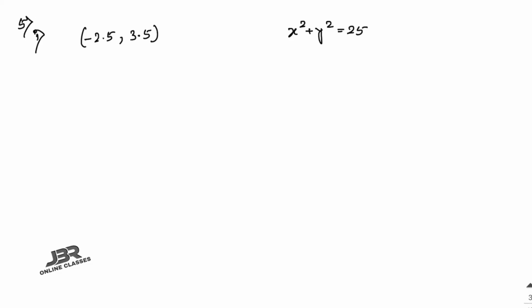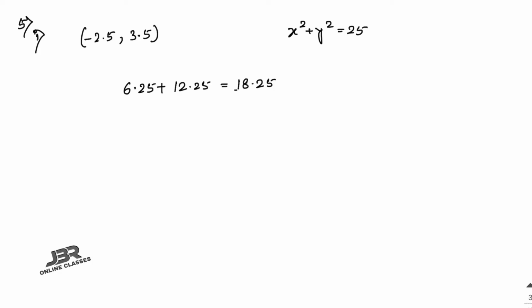So as the equation of the circle is x square plus y square equals 25, if x equals minus 2.5, then first you have to find the square of 2.5. So it becomes 6.25. Then addition, and next 3.5 square, that equals 12.25. So 12.25 plus 6.25 equals 18.25.